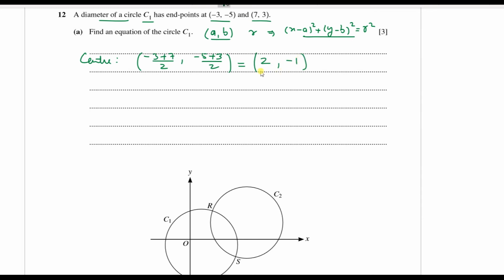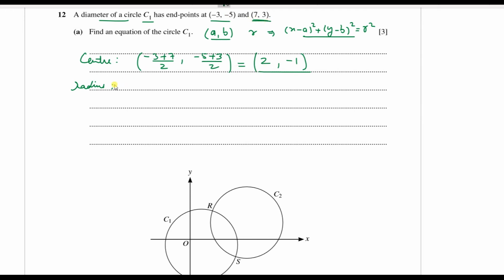So now we have the center, and the radius we can find in any way, like by finding the distance between the center and any endpoint, or by taking half the length of the diameter. So let's find the distance between the center, we can mark it as O, and the endpoint 7 comma 3 and 2 comma minus 1.